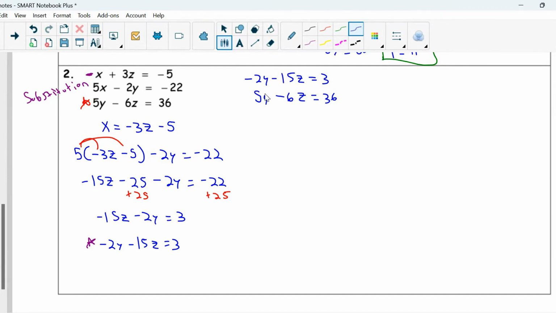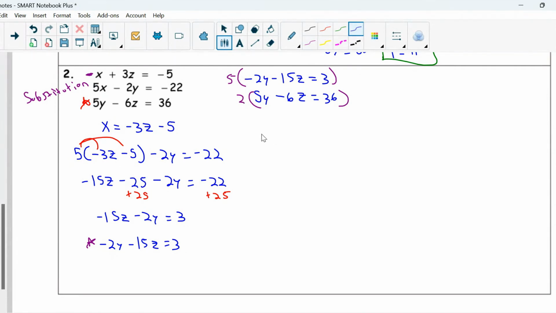If I'm looking at our coefficients on our y variables, we have 2 and 5. So a common multiple that these would have would be 10. Okay, so in order to get to 10, we must multiply our first equation by 5 and our second equation by 2.